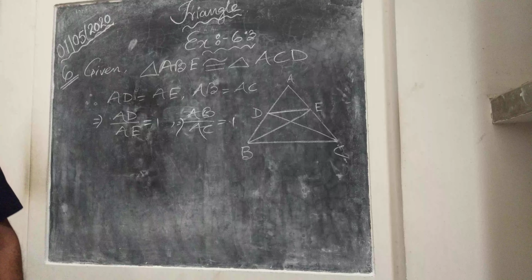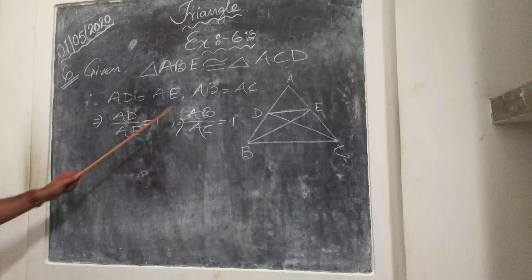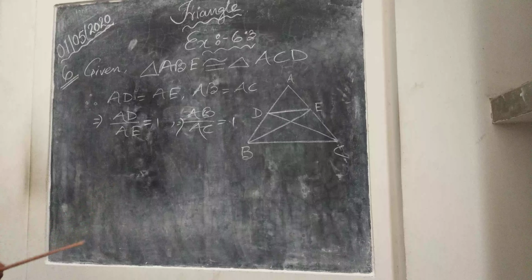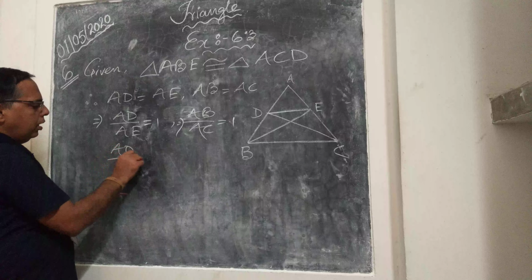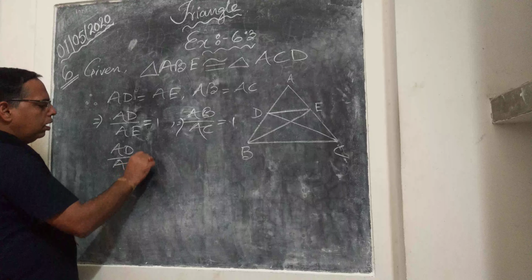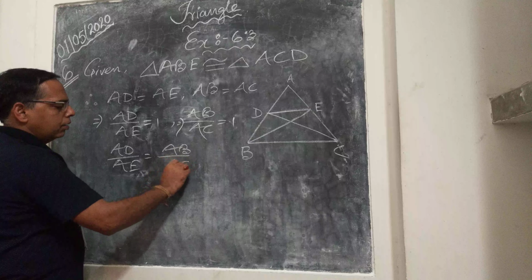Now you see, in both the conditions it is 1. That means you can write AD by AE equals AB by AC.